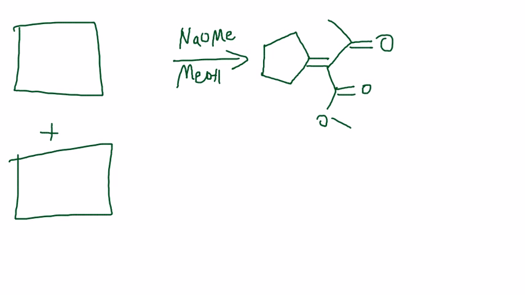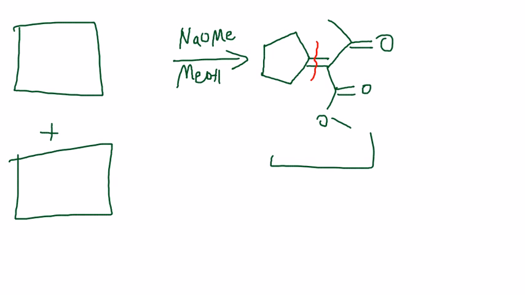You are supposed to give me the structures of the two compounds which upon treatment with sodium methoxide and methanol will give you this product. And the easiest way to go about this is to backtrack and cleave right over at the double bond, which is a part of the alpha beta unsaturated system.